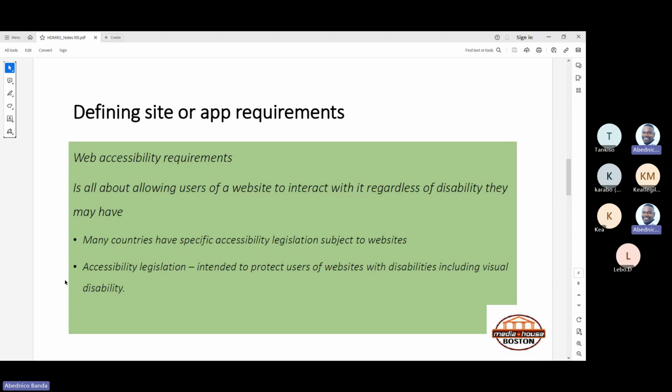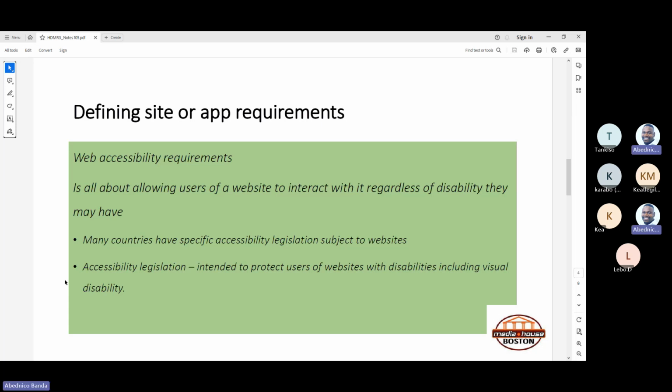Have you come across that? You'd have a tablet version, a mobile version, and a desktop version. So it's all about allowing users of a website to interact with it, regardless of any disability they may have.